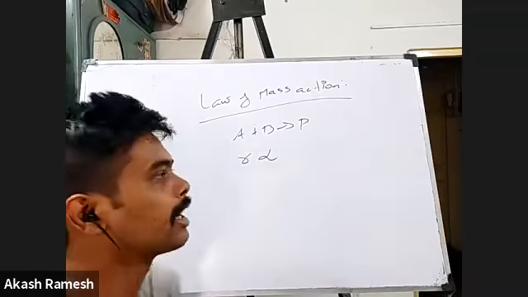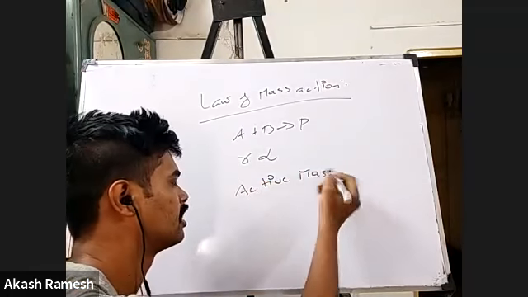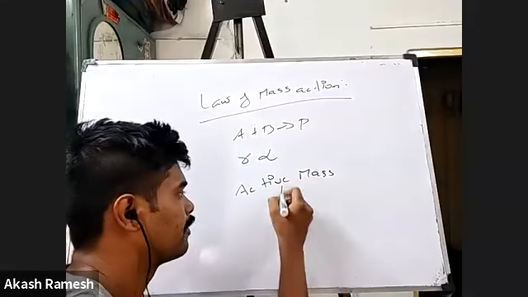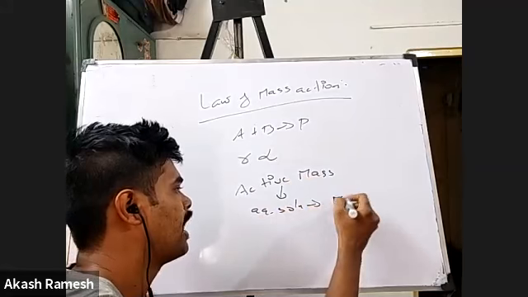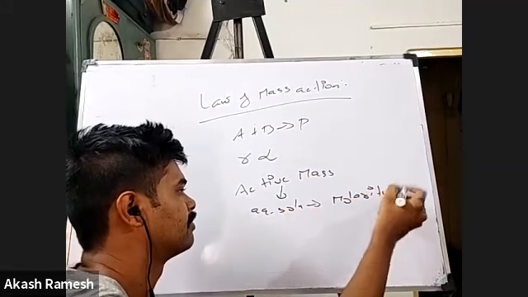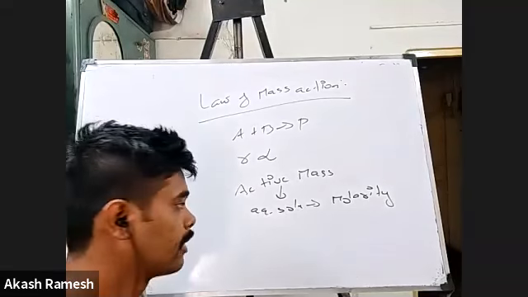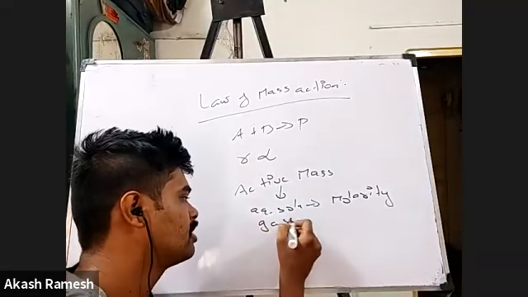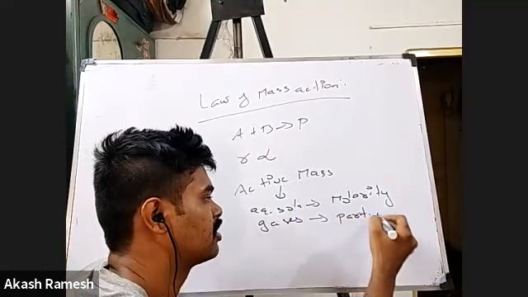Generally, if it is in terms of an aqueous solution, I take the molarity as the active mass. And if it is gases, I take the active mass as partial pressures.